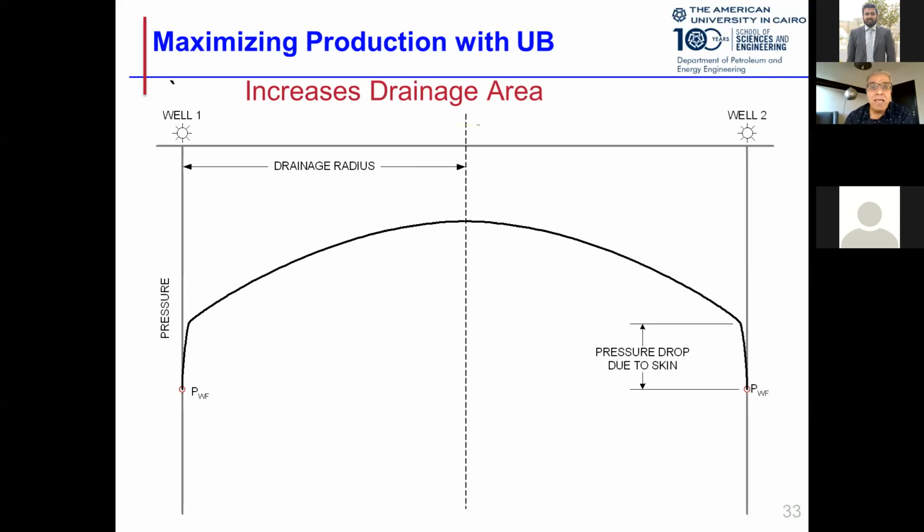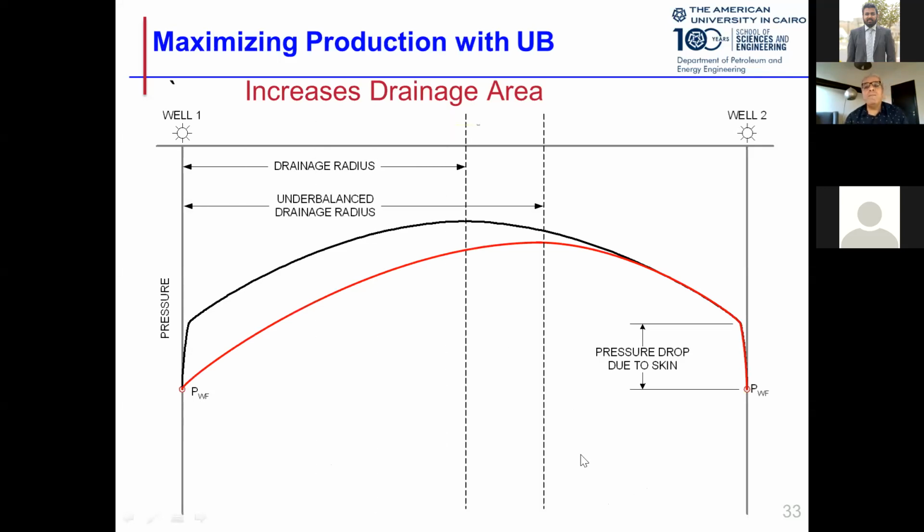Now let's say we drill the well on the left side under balance, we will get rid of the pressure drop due to skin. There will be no pressure drop due to the skin, and eventually the drainage area will be enlarged.